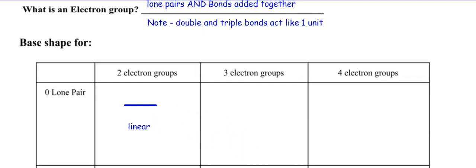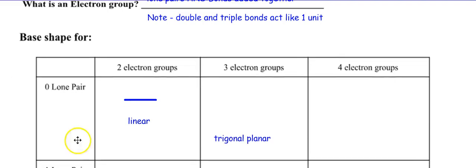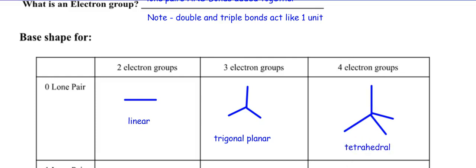Three electron groups are going to look like, well, it's going to be trigonal planar. Hang on, let me scroll down a little bit more. All right, it's going to look like this. That's your trigonal planar. And then for four electron groups, you might remember this. This is what you'd call tetrahedral. And that would be 109 degrees away from each other. This is 120, and this is 180.